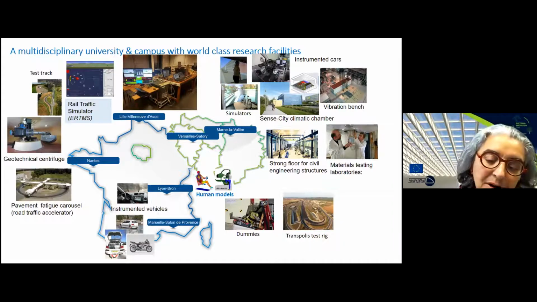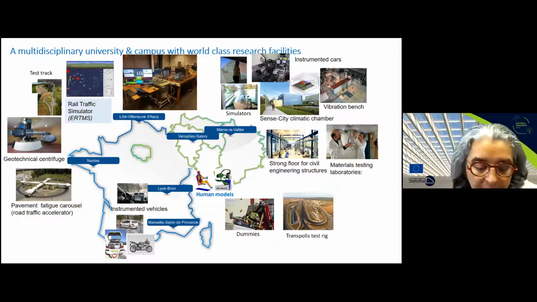And perhaps on the same philosophy as Jose explained for Denmark Technical University, we have a big experience in measurement, experimentation and practical works.